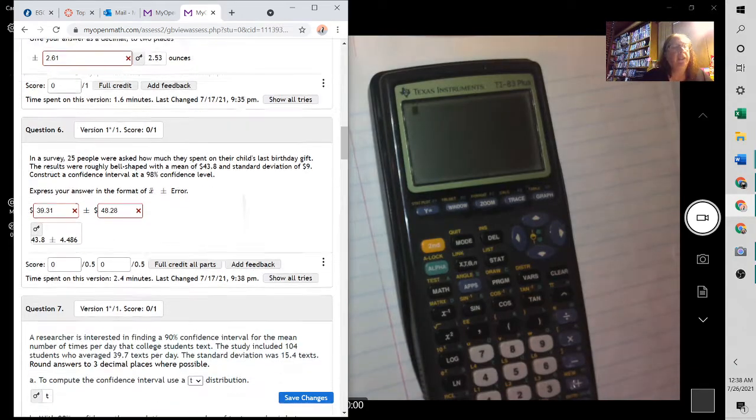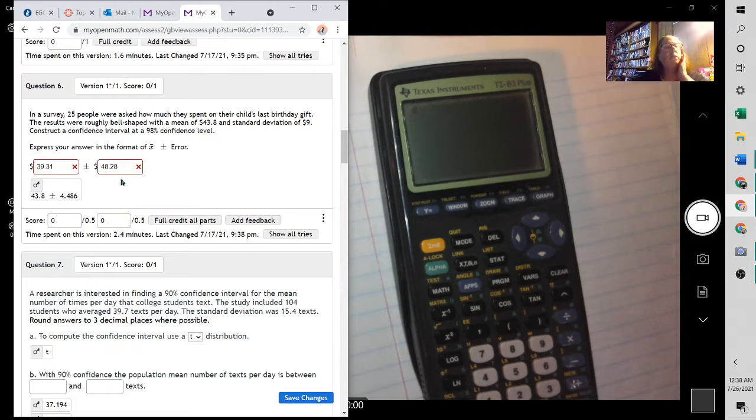So then if we look at the next one, they want the same thing. They want the mean plus or minus the error. So in this first box, it should have just been the mean, 43.8. And then plus or minus the error. So to find the error, we could find the confidence interval first.